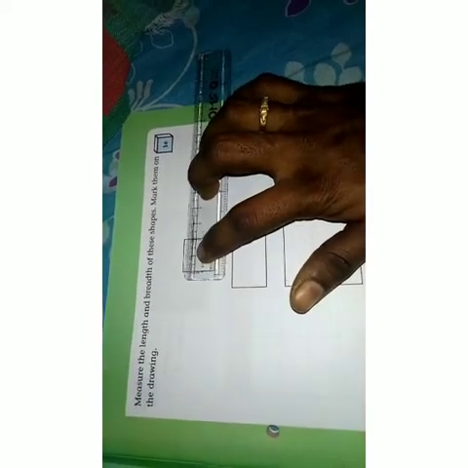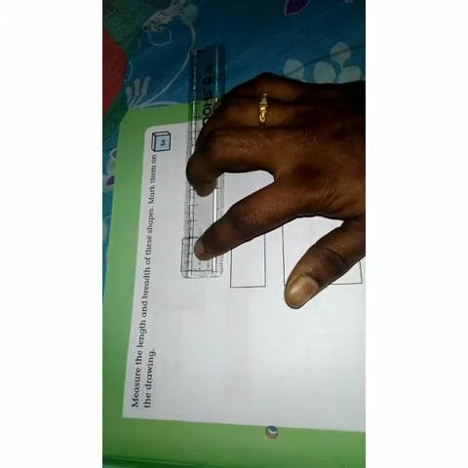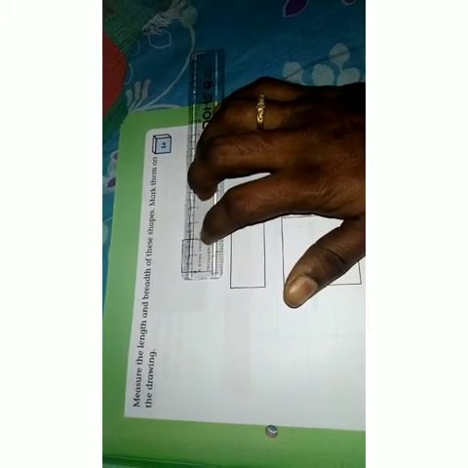Start from the first point, 0. Origin is the starting point and it ends on the number 2. Look here, 2. So what is the length of the line? 2 centimeter. So you have to measure like this for the breadth also.